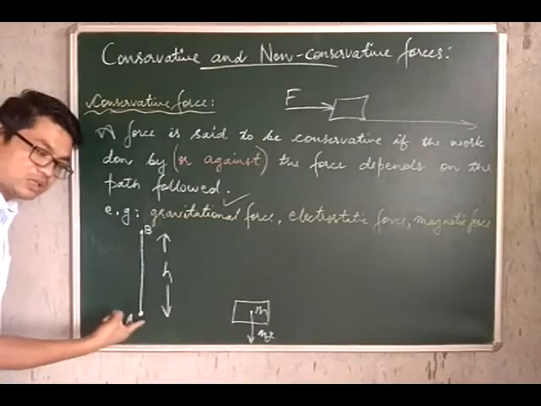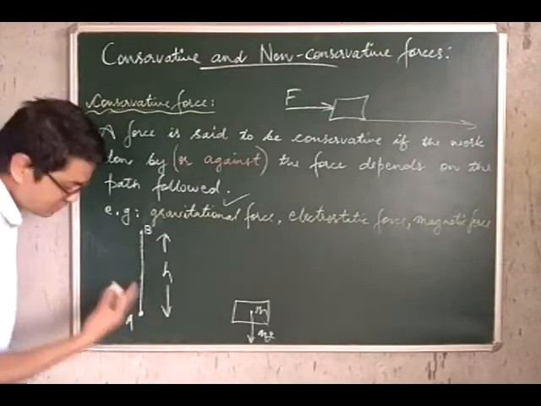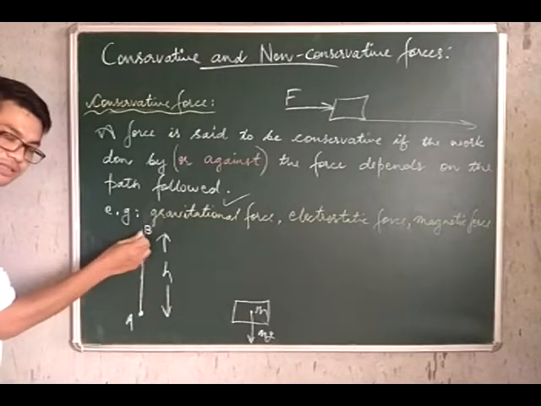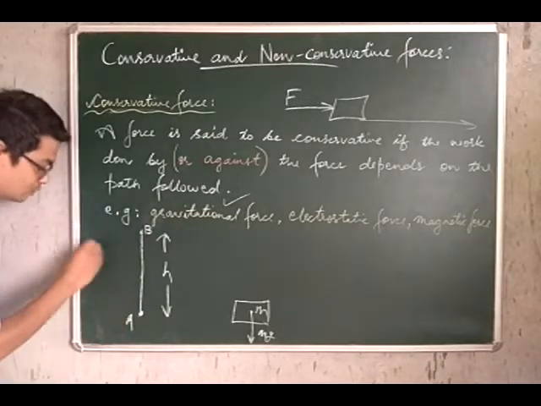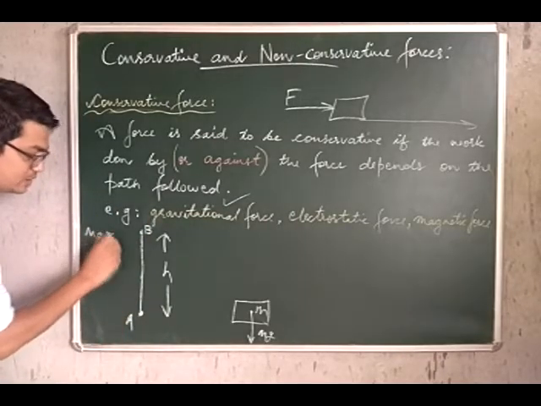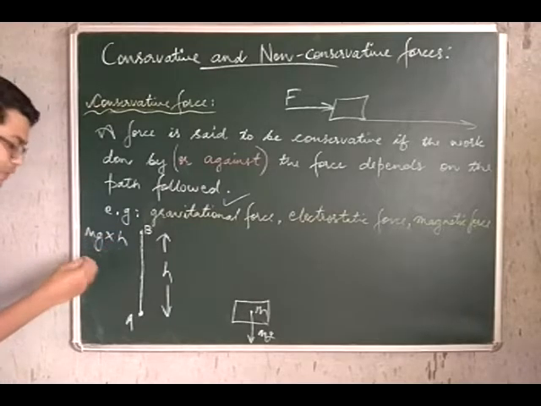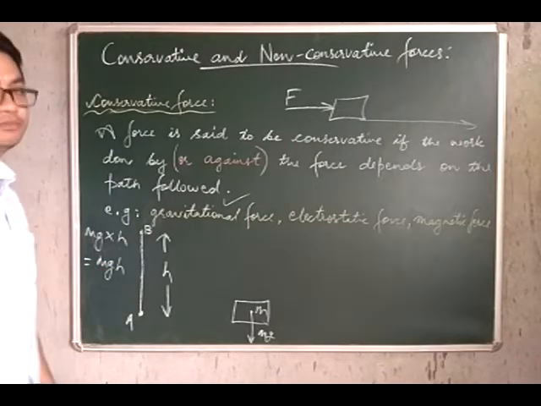So how much is the work done in this case? And see, the path followed is this. The work done against the force of gravity, of course, because we have to move the body up against the force of gravity, will be mg, that is the force, multiplied by the displacement. So this is equal to mgh simply.